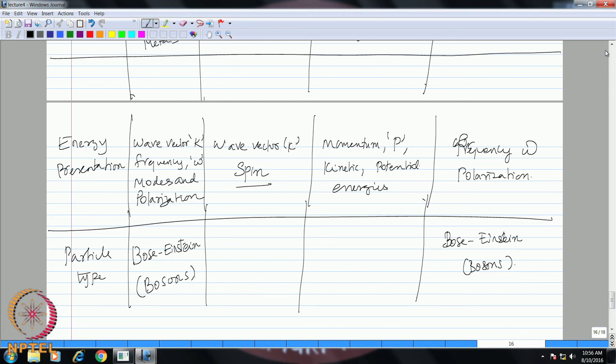After that, when we do statistical thermodynamics, you will see how the particles can be distributed into these quantum states. So, the particular feature of these bosons, either photons and phonons, are these. So, they are essentially indistinguishable particles, and therefore, you can put any number of these particles in a given energy state.